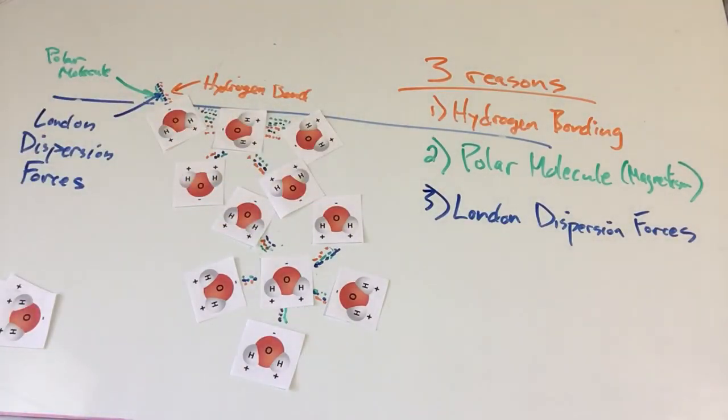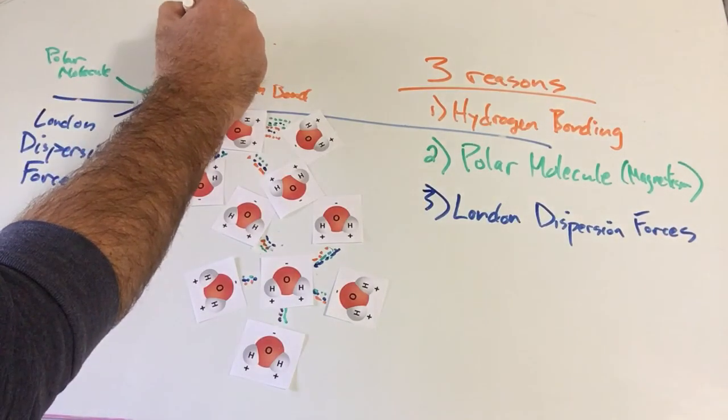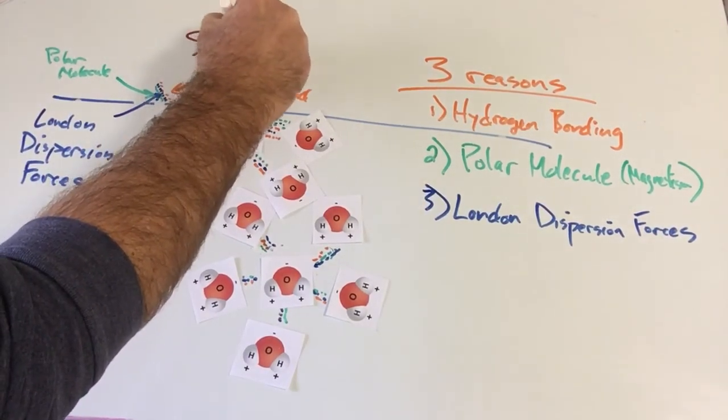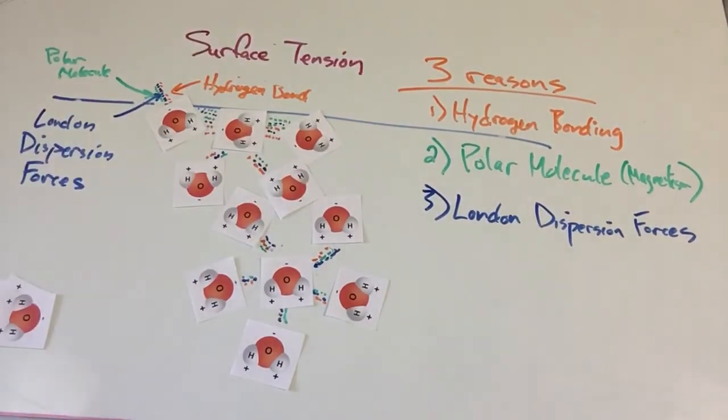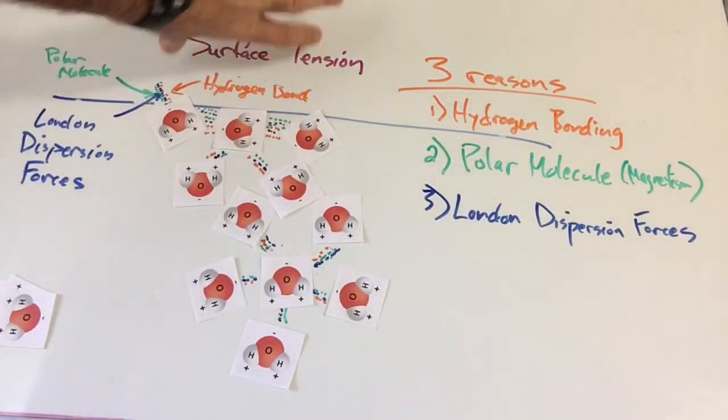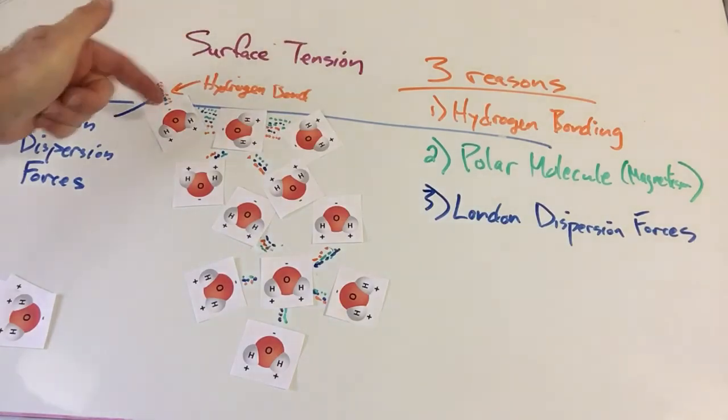So what that means is, because you have hydrogen bonding, water is a polar molecule and engages in magnetism, and London dispersion forces, which everything does, you're going to have huge surface tension. At the surface, all those additional forces that would go up go to the side.